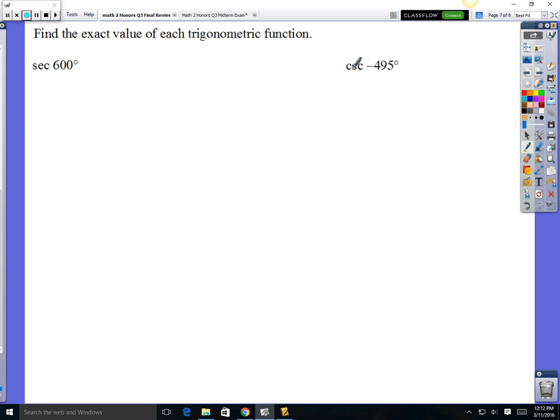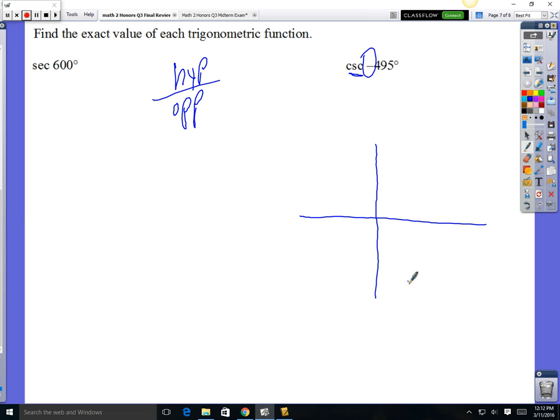Cosecant of 495. First of all, cosecant. Okay, that one is hypotenuse on top, opposite on bottom. Okay, 495, it's negative. So that means this marker's 90, this marker's 180, 270, 360. 495 is more than one spin.